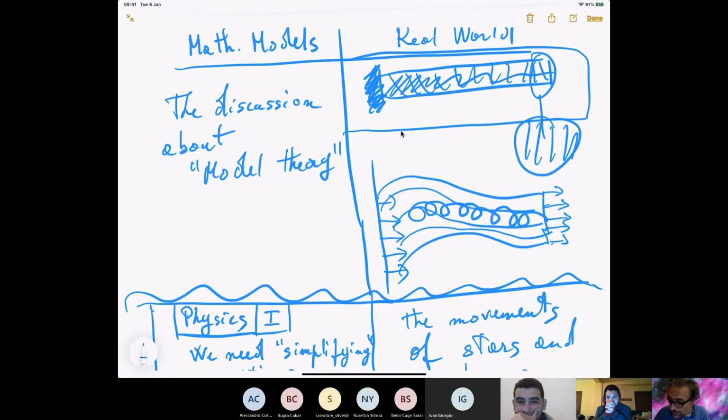Okay. And unfortunately, while I can teach you everything about covariant and contravariant components, model theory is not as developed as linear algebra.